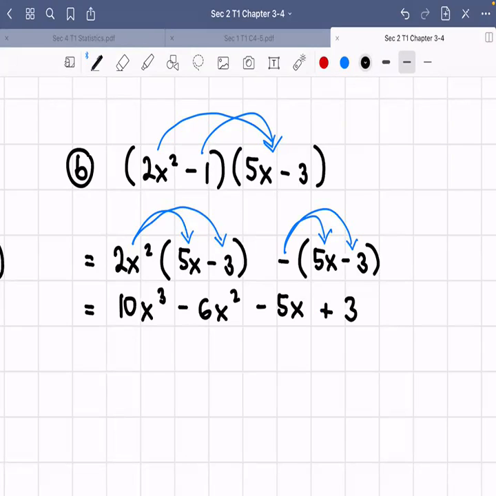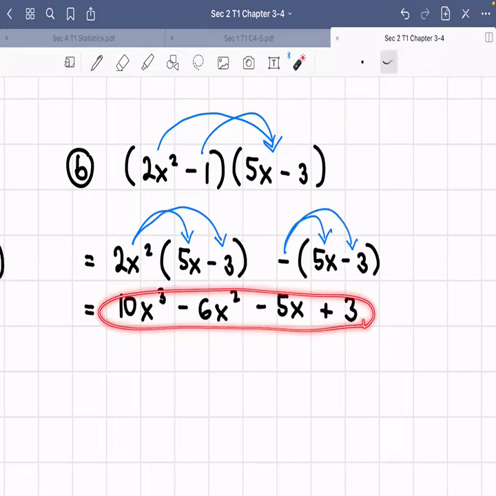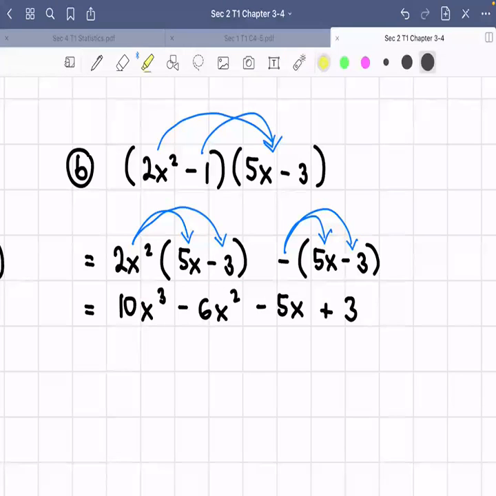Question: can we combine like terms here? Do we have similar terms? So we don't have similar terms, right?